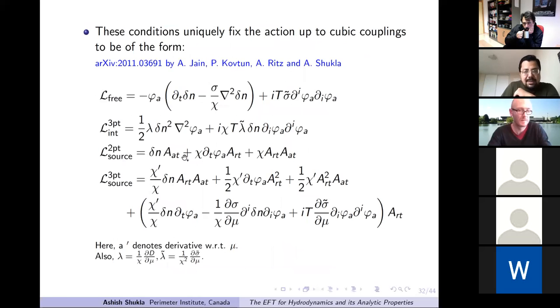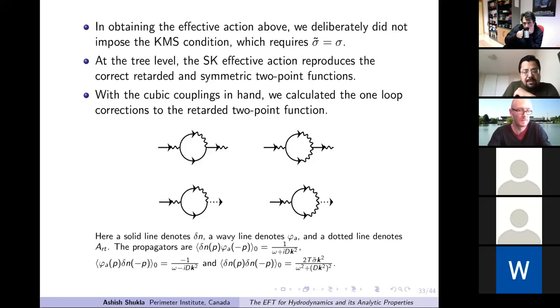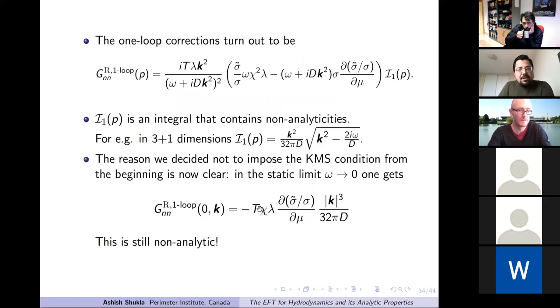Okay, so this part is standard. I can compute these propagators from the free part of the theory, and then using the cubic interaction vertices that I have, I can construct the contributions that will go into the retarded 2-point function, and these are the 4 loops that contribute.